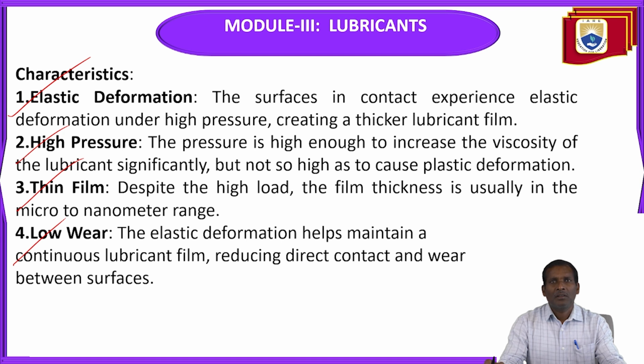Thin film, despite the high load. The film thickness is usually in the micro to nanometer range. The elastic deformation helps maintain a continuous lubricant film, reducing direct contact and wear between surfaces.